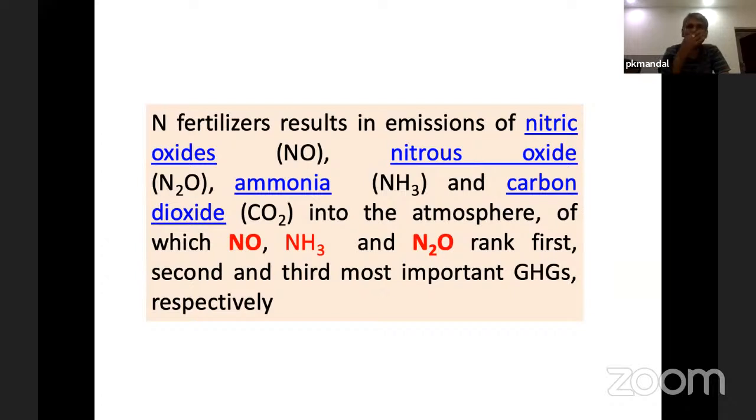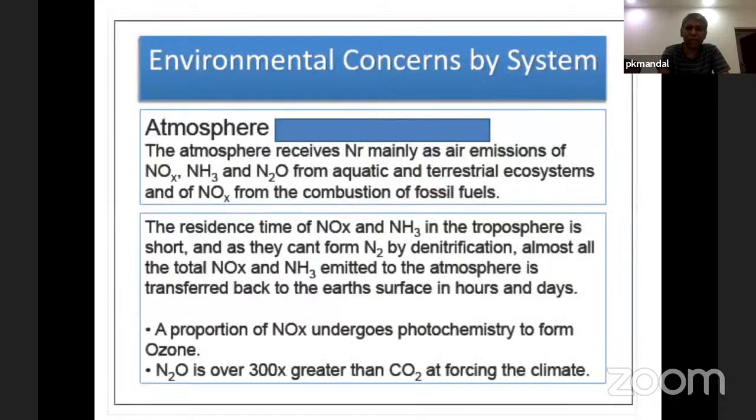So the contribution of nitrogen pollution is much more harmful than even carbon dioxide for greenhouse gas or global warming. And this is what it is telling: N2O is almost 300 times greater than carbon dioxide for forcing the climate, for climate change.